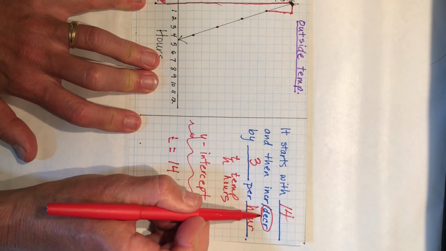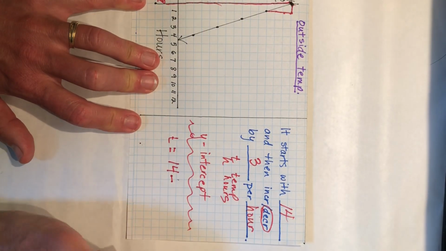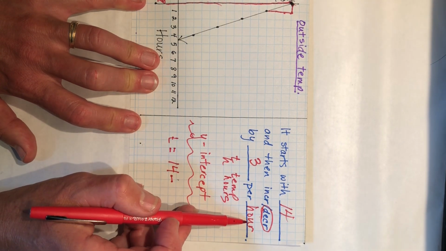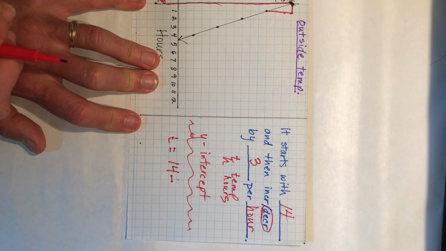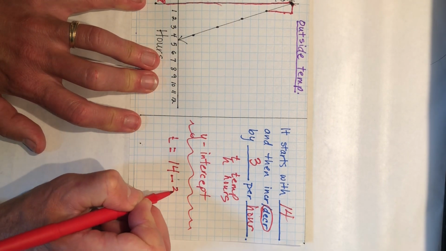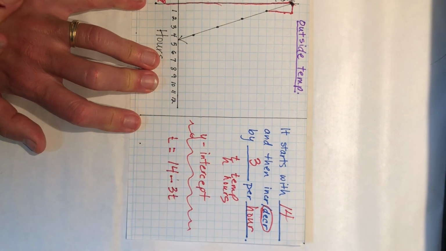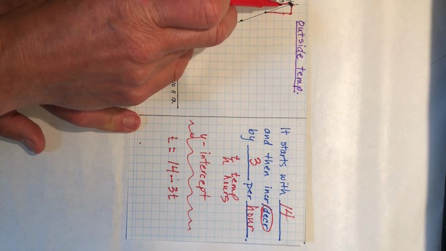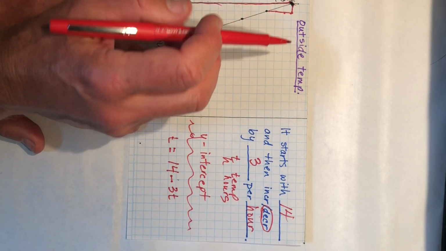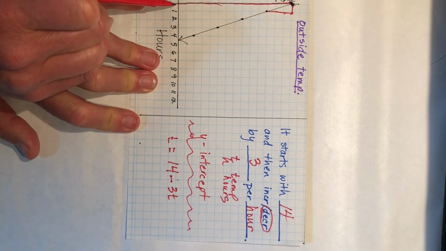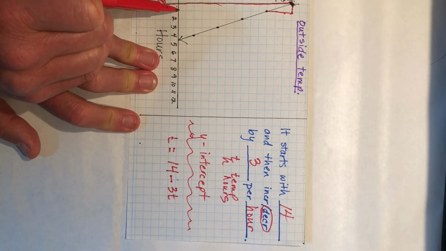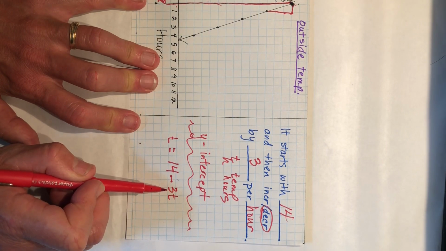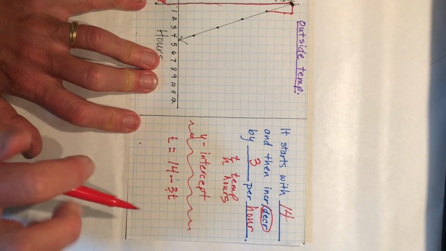Since it's decreasing, it is subtraction. And if it's 3 per hour, 3 degrees for every hour that goes by, it's 14 minus 3h. Isn't that cool? The y-intercept tells you what the start number is. And the rate of change is actually going to be this coefficient right here. All right, let's look at a couple more.